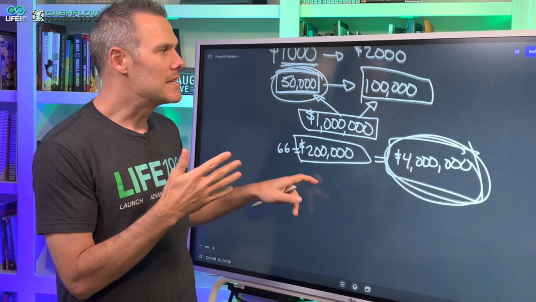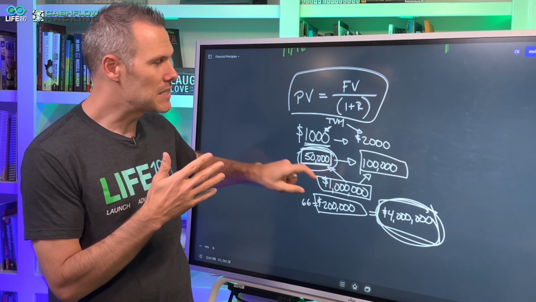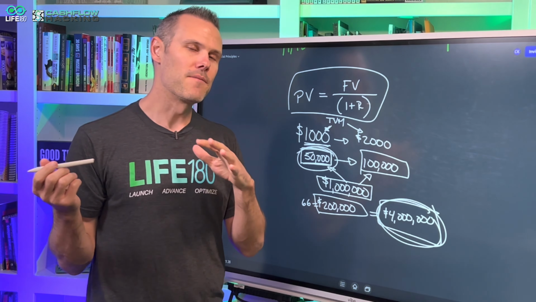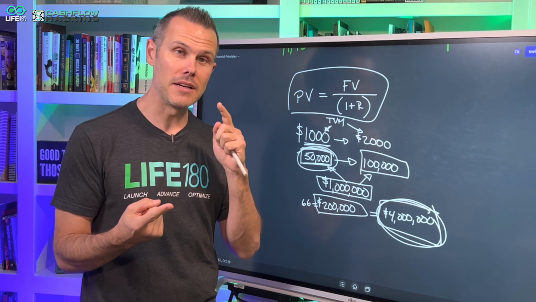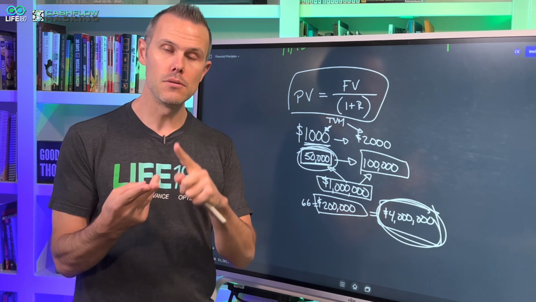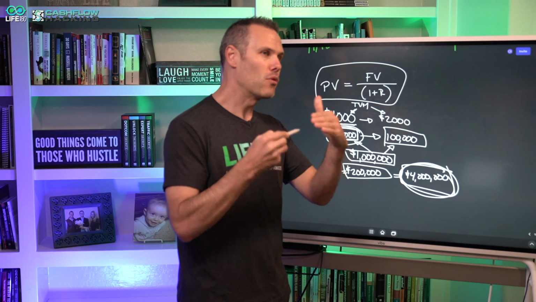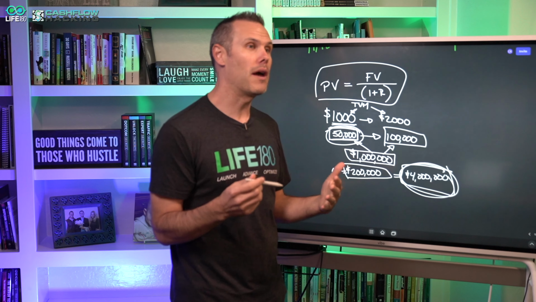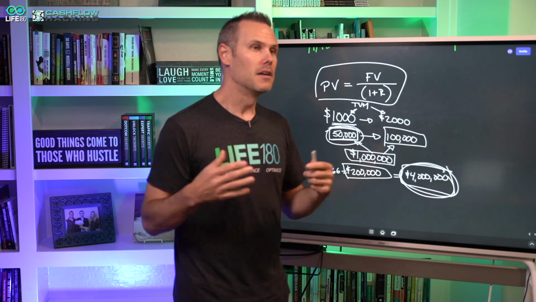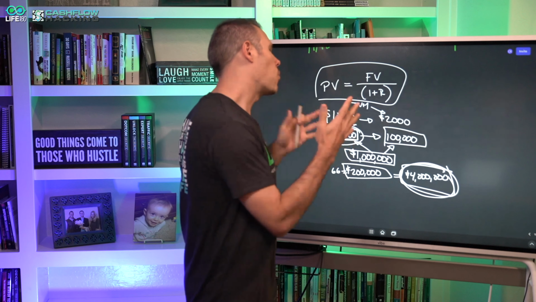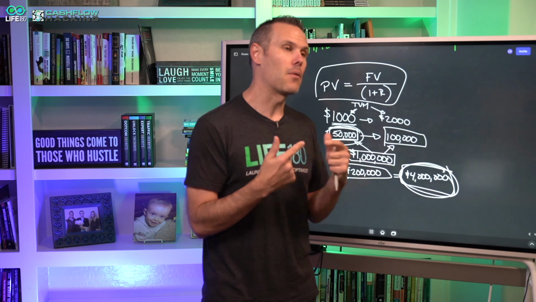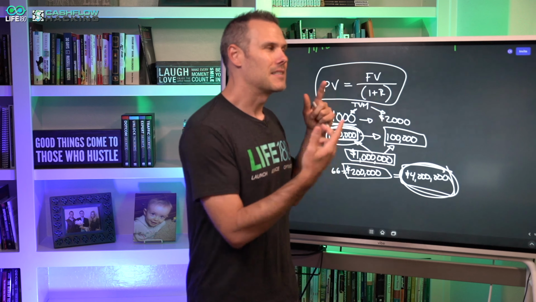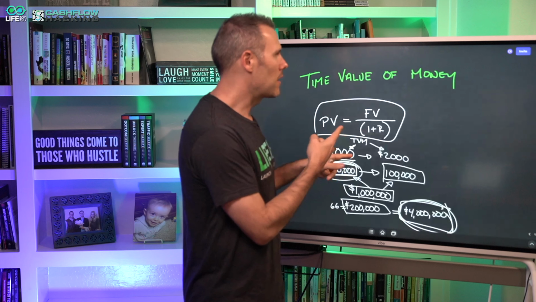Once again, for this whole video series, if this doesn't make sense to you, or if this is the first video you're seeing on this, go back and watch the videos I did on inflation, the rule of 72, and the 4% rule. They break it down in a systematic way that will help you understand this stuff on a deep level. The reason I'm doing this is because I want you to understand phrases like time value of money.